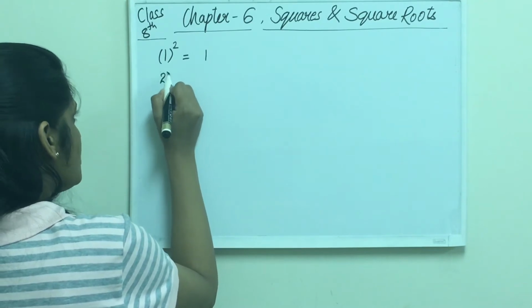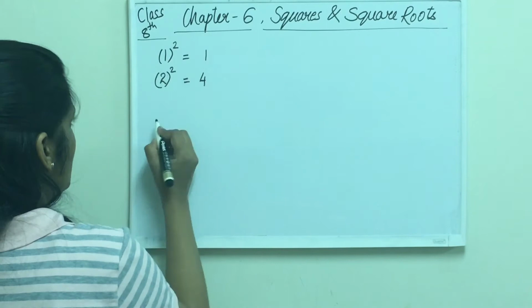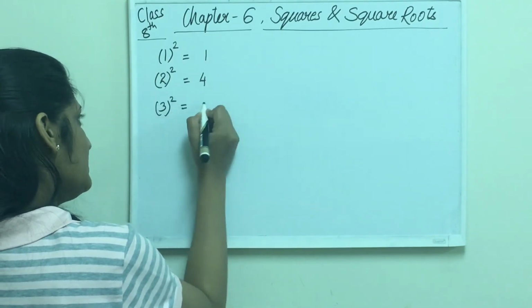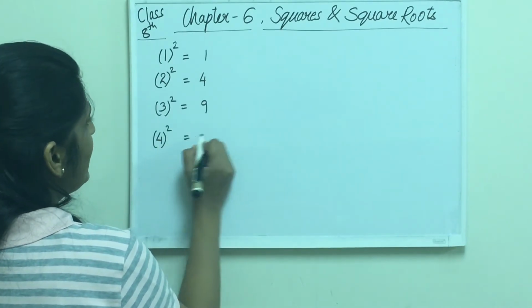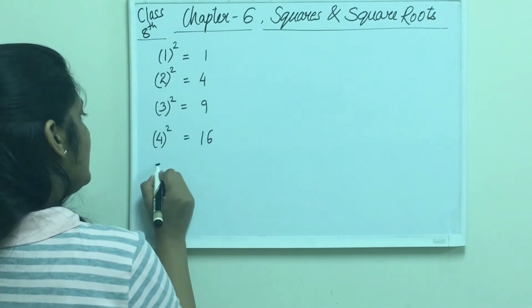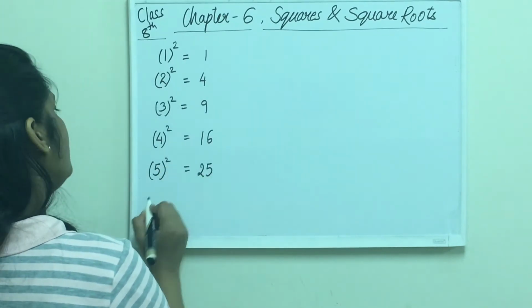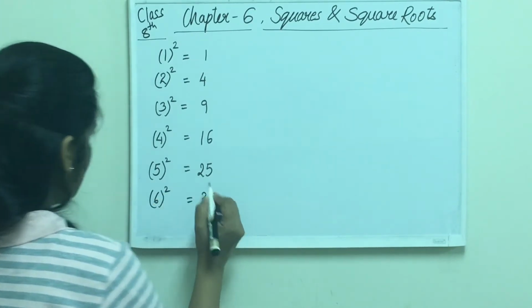If the number is 2, its square is 4. If the number is 3, its square is 9. If the number is 4, its square is 16. If the number is 5, its square is 25. If the number is 6, its square is 36.